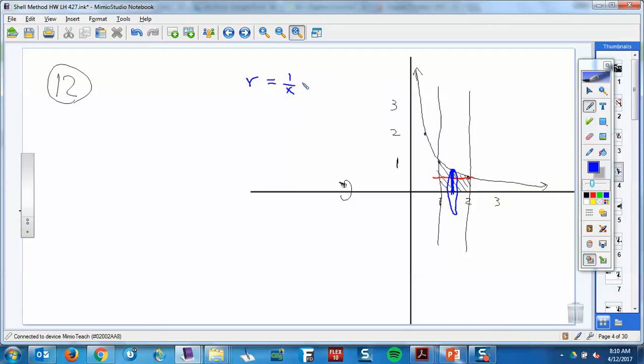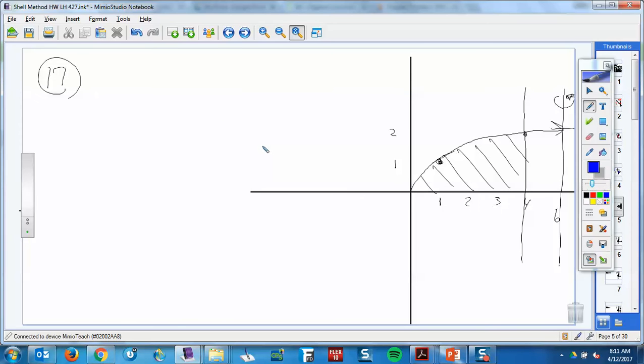So it'd be 1 over x minus 0, and it would just be pi r squared from 1 to 2. That would be a really easy one to just do a disk method, right? But you're supposed to do it with shell for practice. If it was on the quiz and you had your choice, you definitely want to do that method on that one.